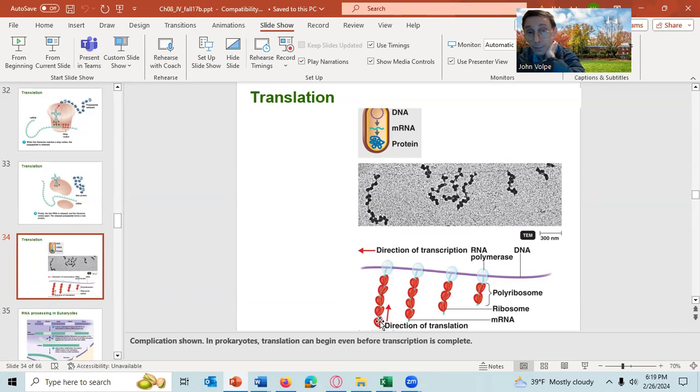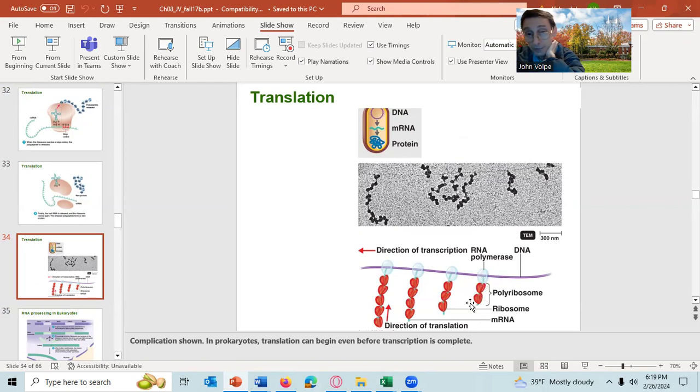In prokaryotes, we have an additional complication, which is shown here and here. And what's happening is, as transcription is making the RNA, protein translation is already beginning. Like right here, that clearly is not a finished RNA transcript.